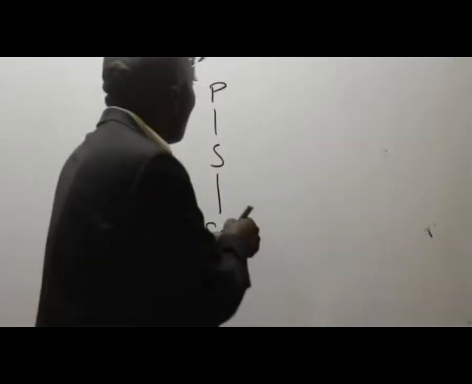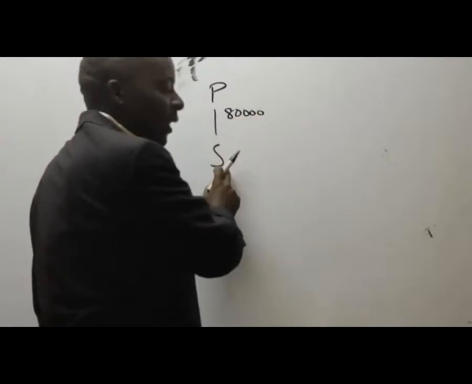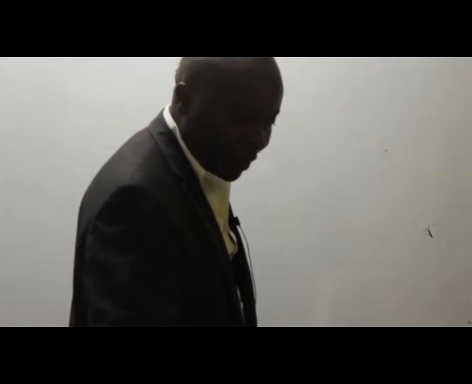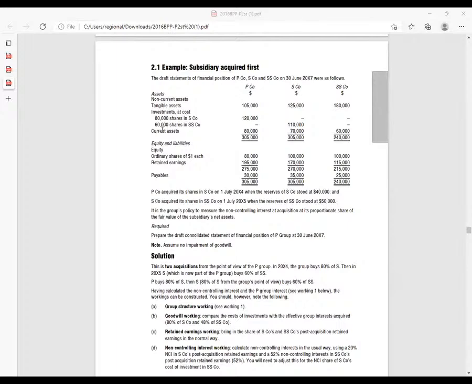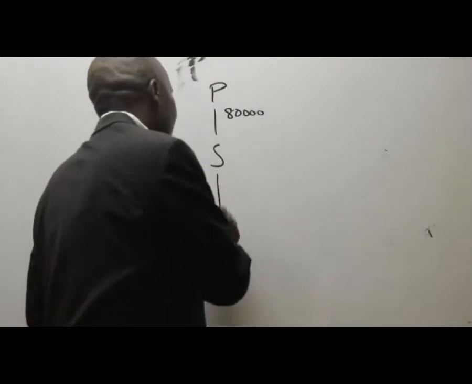And from the statement of financial position given, we see 60,000 shares in SS. Who bought these 60,000 in SS? It's S company that bought SS. So 60,000 shares were bought by S.